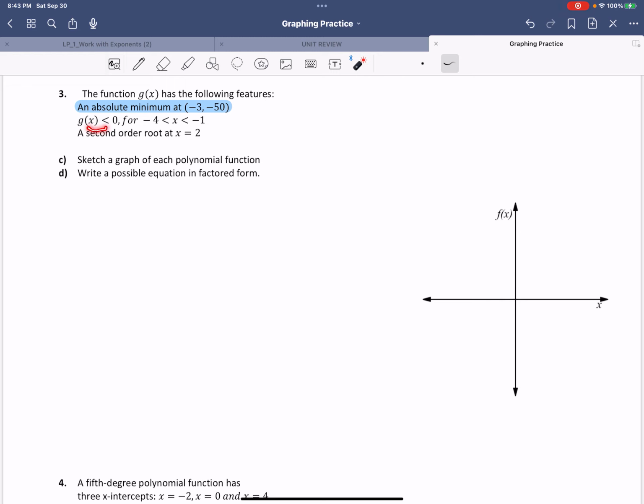Now, g(x) is negative between -4 and -1, x values between -4 and -1. This is a very important piece of information, and it would be my starting point in drawing the graph. Whenever you answer these types of questions, look for the intervals where the function is positive or negative, because the endpoints of the interval will serve as the x-intercepts.